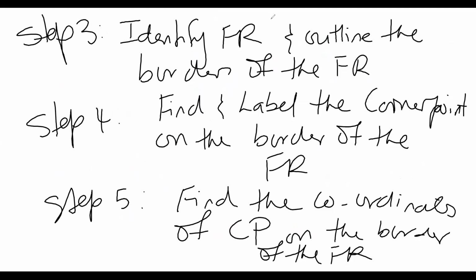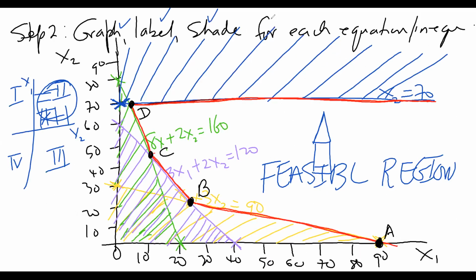What about for corner point C? It is the purple line and the green line that intersect to form corner point C. So we must use those two.